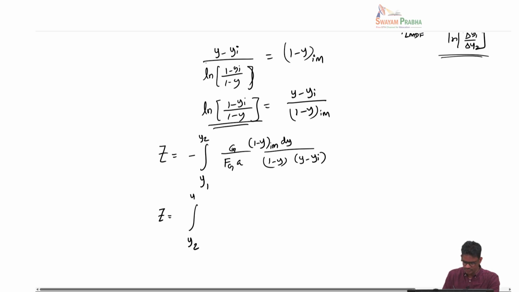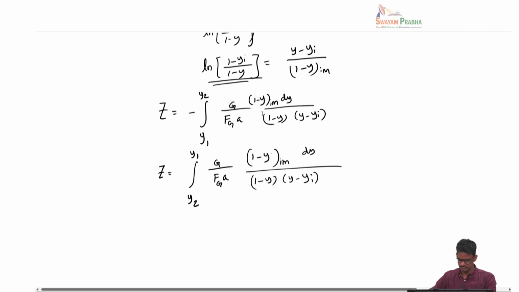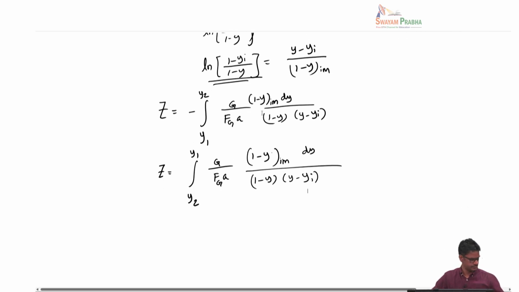So I can do this from y2 to y1, G by FGa (1 minus y)lm.